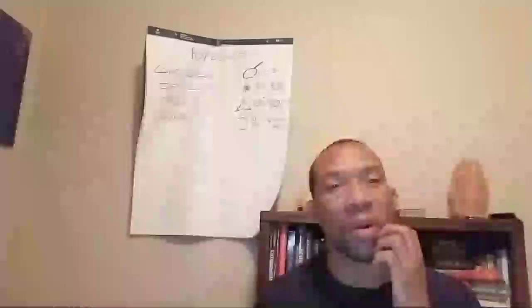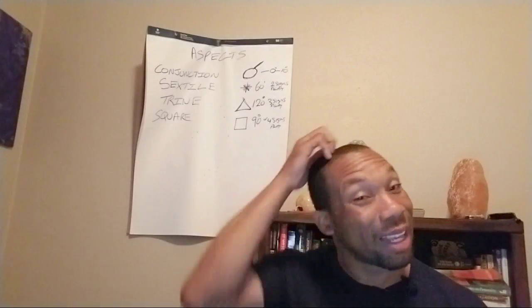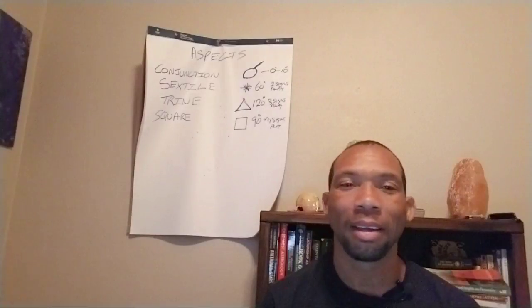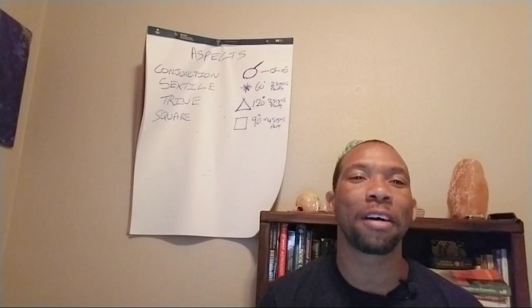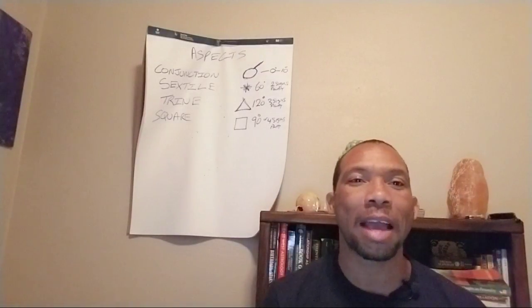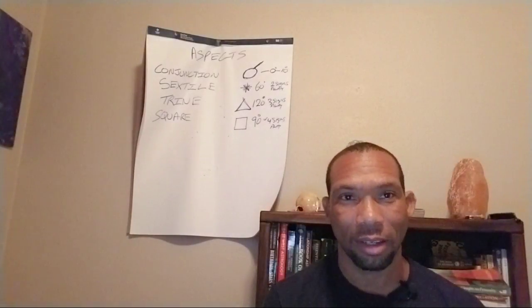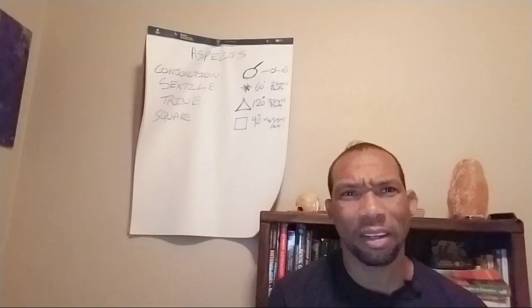So even if you don't have any squares, people be like, "I got so many squares, so many oppositions." If you don't have an obstacle to climb over, if you don't have something to accomplish, what is worth living?